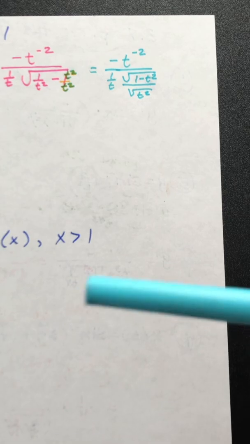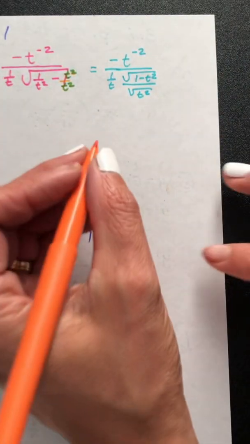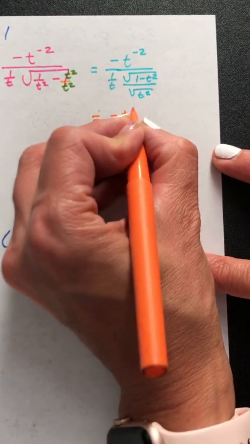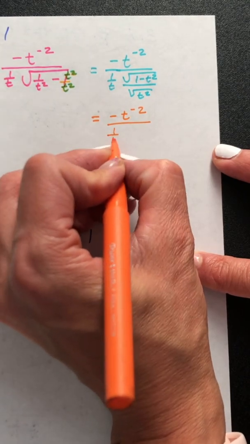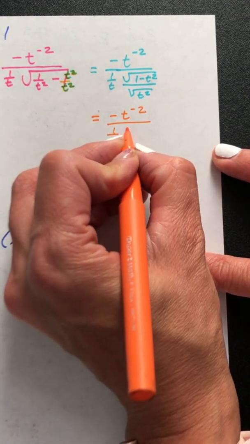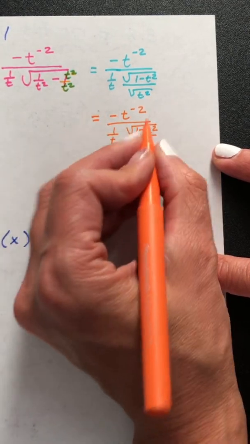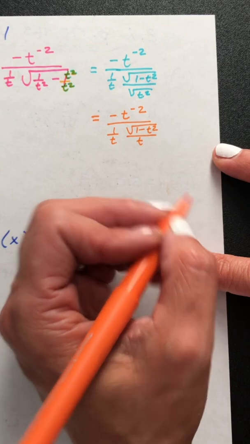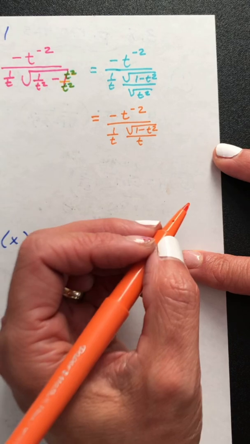And we know what the square root of t squared is because it is a perfect square. So we'll have negative t to the negative second power over 1 over t times the square root of 1 minus t squared. The square root of t squared is t. Okay, so I'm going to put that t out front and make it a 1 over t squared.